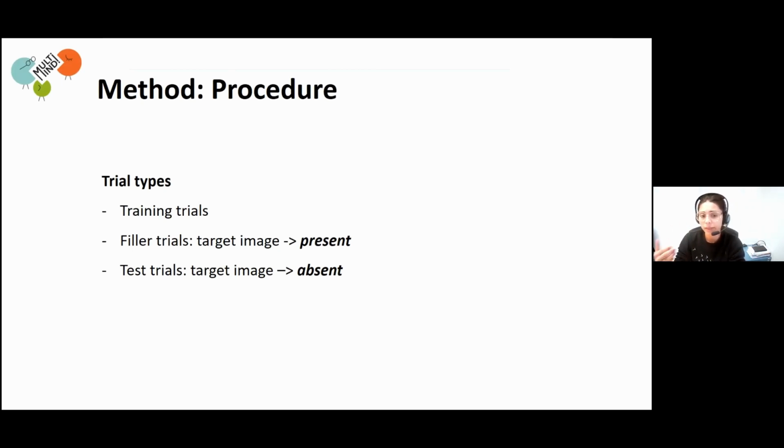The difference between the filler trials and the test trials is that only in the test trials the target image was absent. As I mentioned before, we did that on purpose, in order to force children to keep exploring the display. And we included the filler trials to avoid children getting frustrated by the fact that among all the pictures, we named something that is not there. In total, we presented 16 test trials and 8 filler trials.